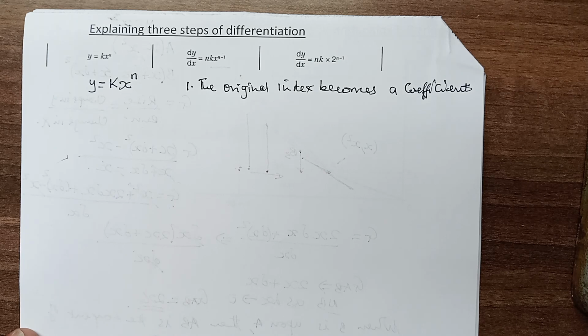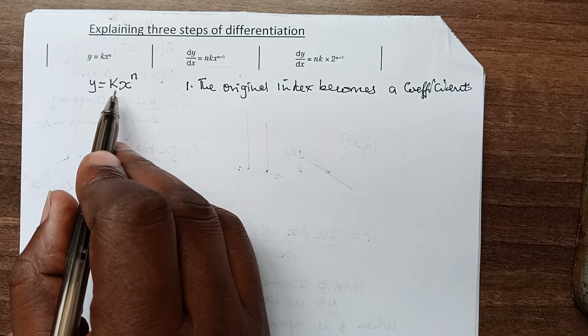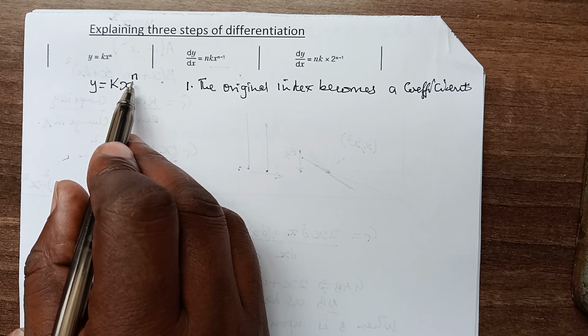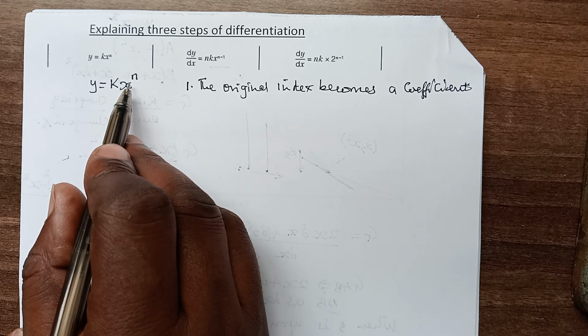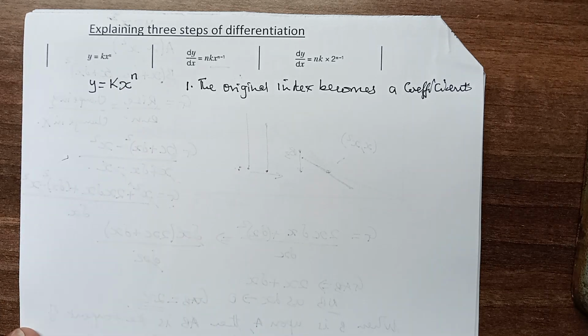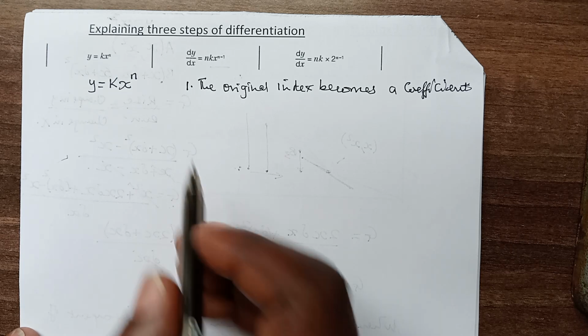Coefficient is a number that multiplies out the function. For example, if n now becomes a coefficient, we are going to have nk x squared.